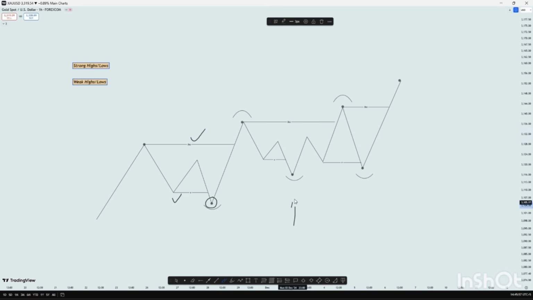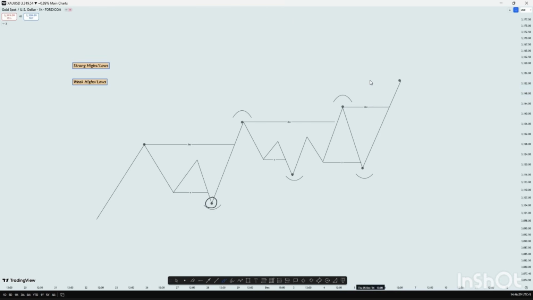Same if we look at the next example, this low is also a strong low because it has a liquidity sweep from below a low and then it has broken the structure. And the third example is also very similar: this is a strong low. The reason is the same, that the market has first swept the liquidity from below and then it has broken the high, the structure. This will also be called a strong low.